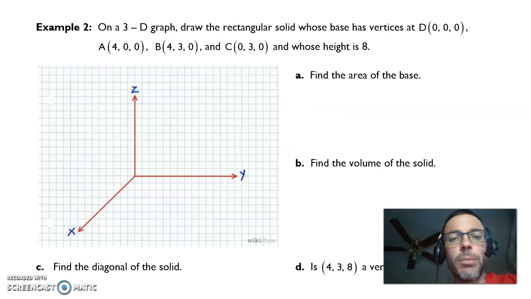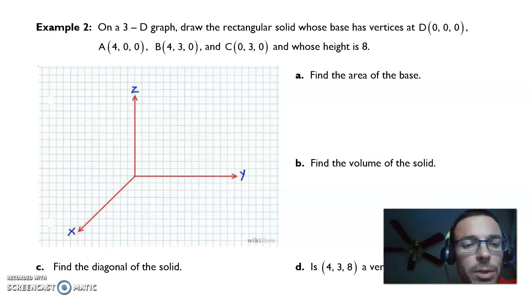Now we're going to start plotting some points and graphing some objects in 3 dimensions. Start with point D. It's at the origin. So I have my X coordinate sticking out, my Y coordinate, my Z coordinate. They're mutually perpendicular. 0, 0, 0 is still the origin of those three. I'm going to plot the point, label that as point D. When I'm plotting point A, my X coordinate is 4, so if I go from 0, I'm going 1, 2, 3, 4 units in the X direction, but 0 in the Y direction and 0 in the Z direction.